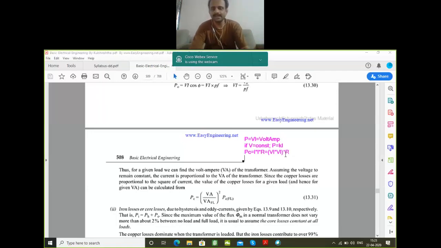So I can write PC is equal to V into V into I into I into R0, where R0 is the resistance at no load.